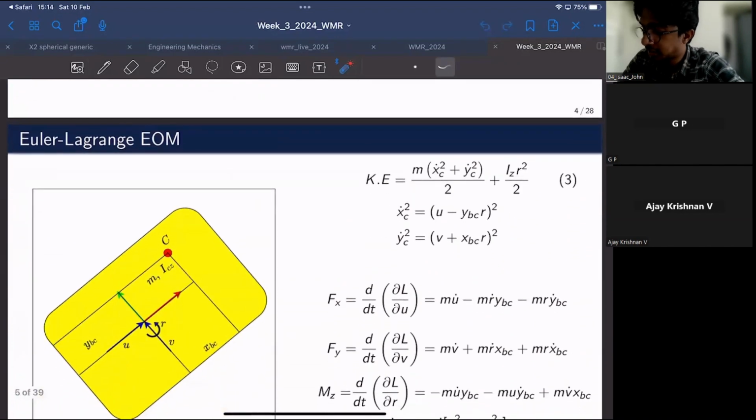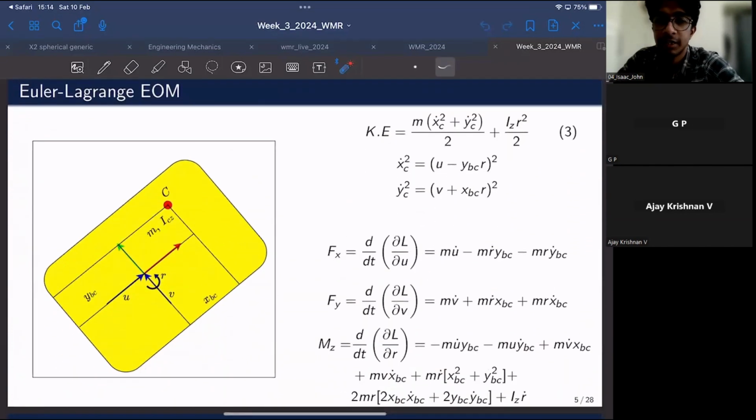So in this regard, we have also seen how to derive the expressions for kinetic energy of the system, right? If you can recall, sticking to the convention that we are using throughout the course, we have a body fixed frame of reference over here called B, that is basically attached to the chassis of the robot.